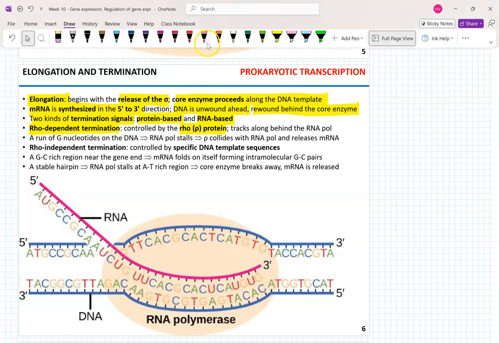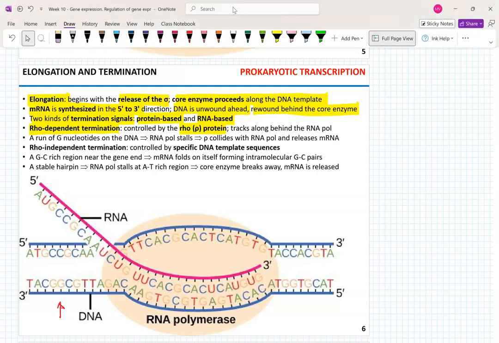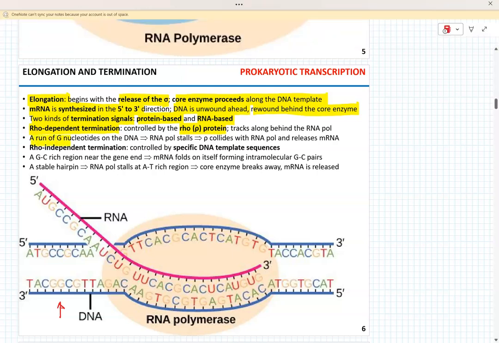It would be here. When RNA polymerase runs into a sequence of several G nucleotides at the end of the gene, it stalls. The Rho protein that moves straight behind it hits the RNA polymerase, kicks it off DNA, and releases the mRNA molecule.